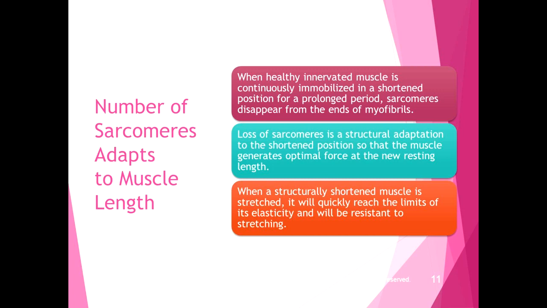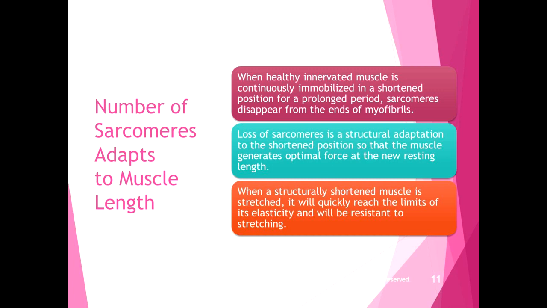The loss of sarcomeres is a structural adaptation to the shortened position, so the muscle maintains its length tension relationship and generates optimal force at the new resting length. Conversely, when a structurally shortened muscle is stretched, it'll quickly reach the limits of its elasticity and it'll be resistant to stretching. So the muscle is actually shorter.